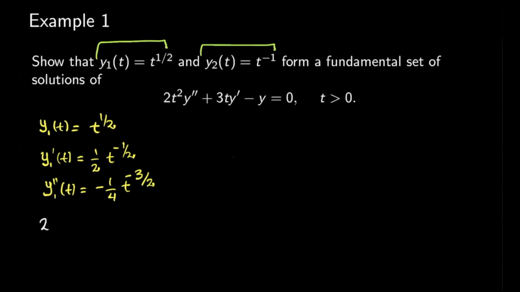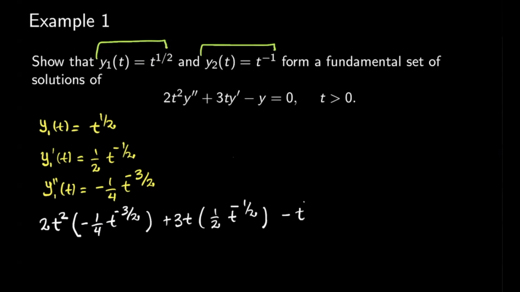So 2t square times y double prime is minus 1/4 t to the power minus 3 half, and then plus 3t times y prime, which is 1 half t to the power minus 1 half, and then minus y, which is t to the power 1 half. This must be equal to 0. Let's simplify this.